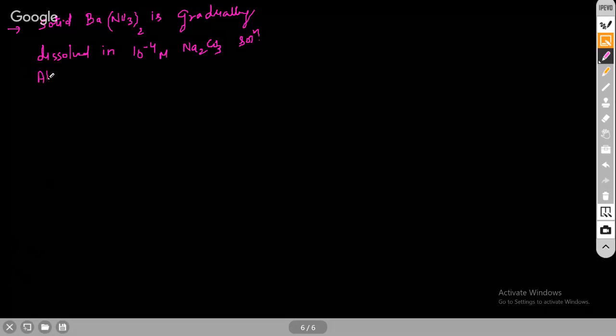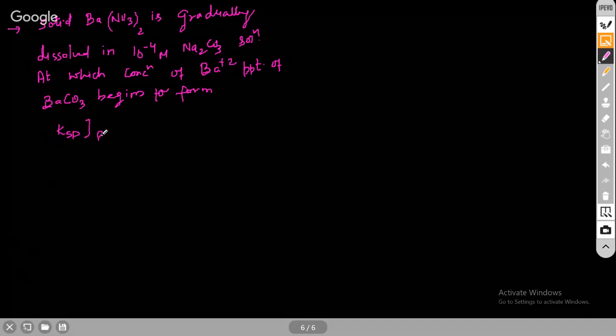At which concentration of Ba2+ does the precipitate of BaCO3 begin to form? Ksp for BaCO3 is given, and that is 5.1 into 10 to the power minus 9.